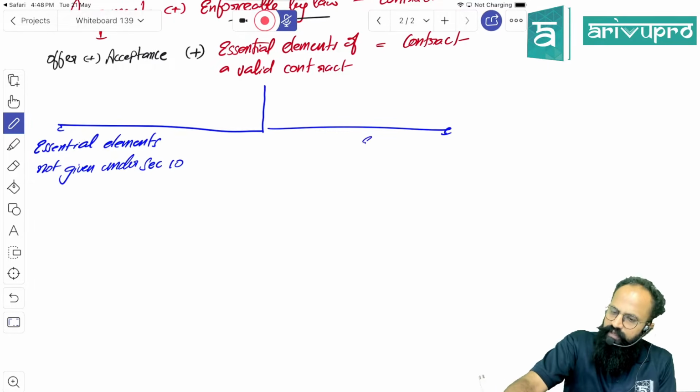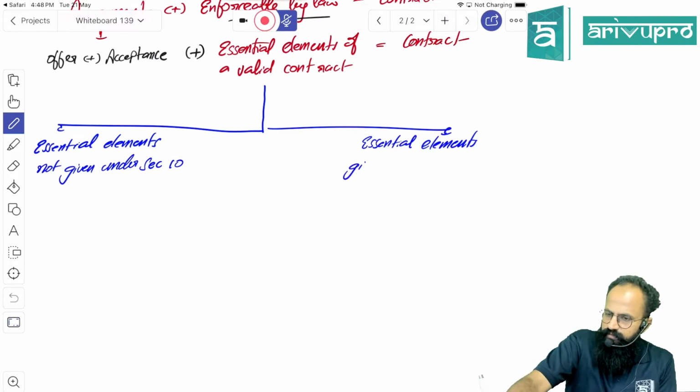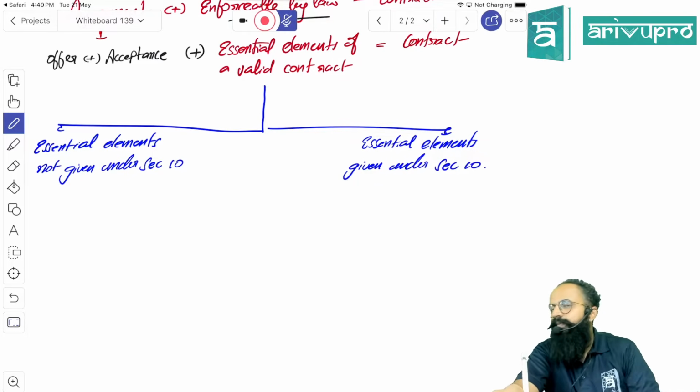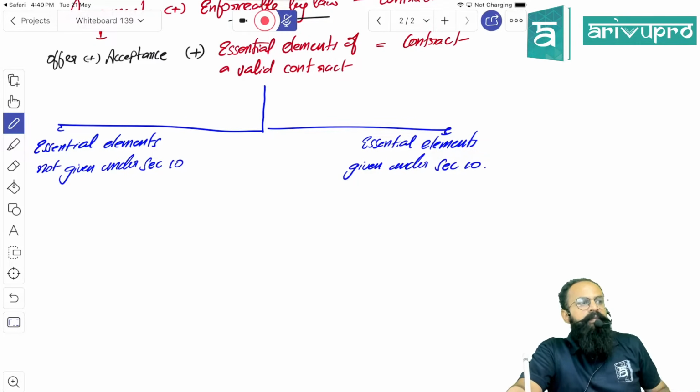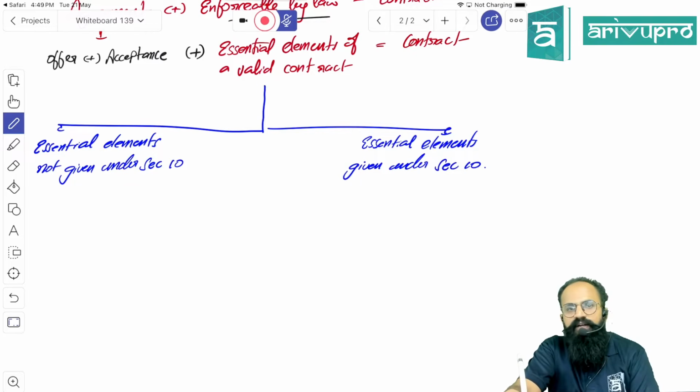Next one is essential elements given under section 10. Essential elements not given under section 10. Essential elements given under section 10.